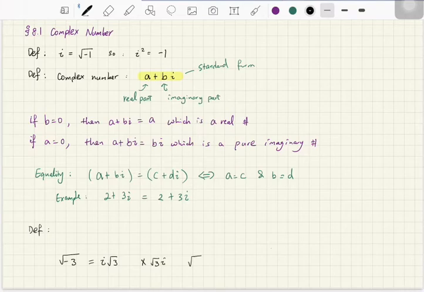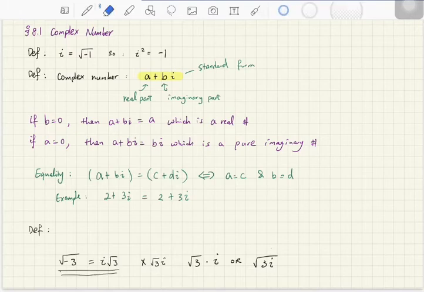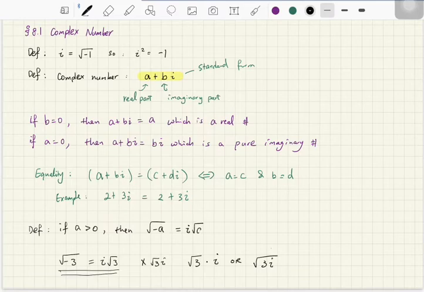Are you talking about the square root of 3 times i? Or, because of sloppy handwriting, it might mean the square root of -3i, with both 3 and i under the square root symbol. To avoid that confusion, we normally write i first and then the square root symbol. So if a is a positive number greater than 0, then when I rewrite the square root of negative a, I will write i square root of a.